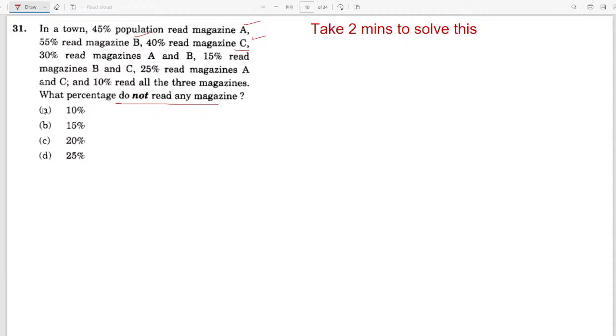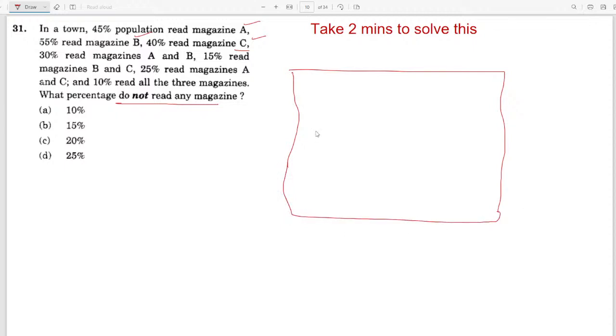So what we do is, first we represent the town as a square. And then we draw these. There are three things here: magazine A, B, and C. So we would use a Venn diagram. So 1, 2, and 3.